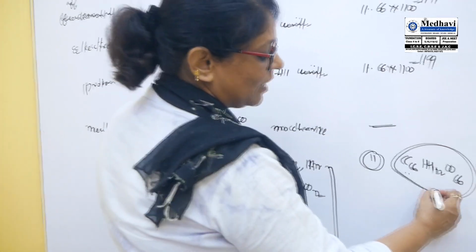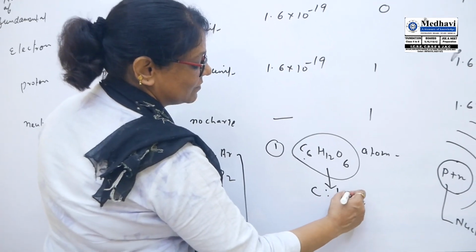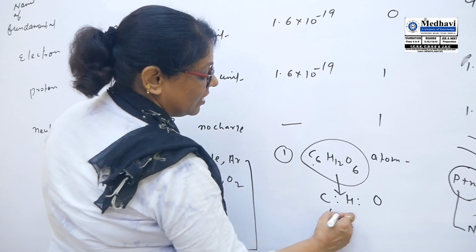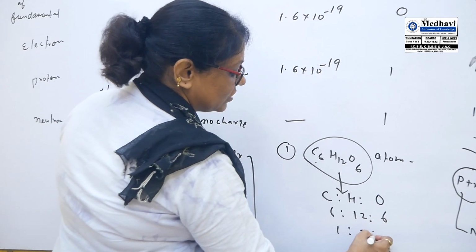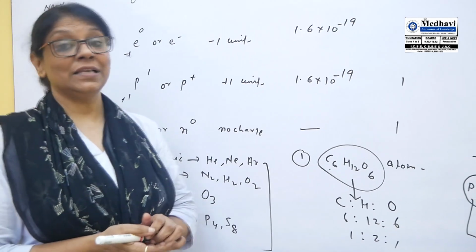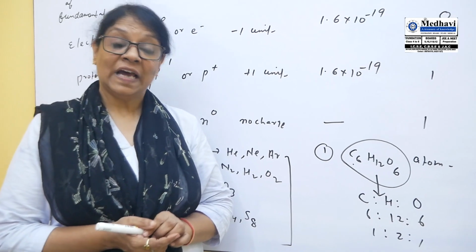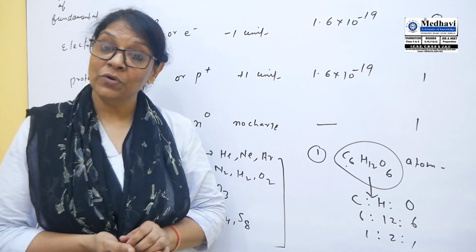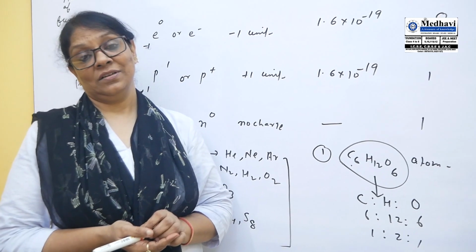So molecules of a compound are produced by different atoms, and there is a ratio. This is 1:2:1. Whenever we discuss a molecule of a compound, it is important to know that once a compound is produced, the identity of the atom is lost.